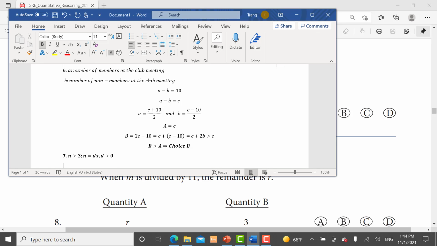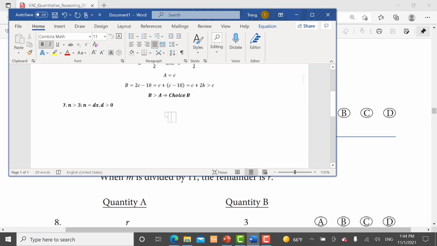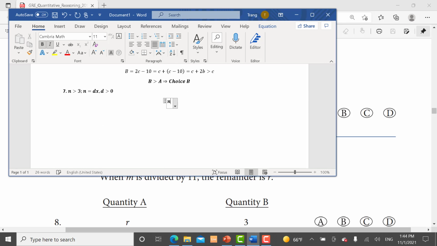So the question is to compare n and 2 to the d minus 1. I'm going to use one example to show that n is greater, and one example showing that 2 to the d minus 1 is greater. This is quantity A. And B is 2 to the d minus 1.